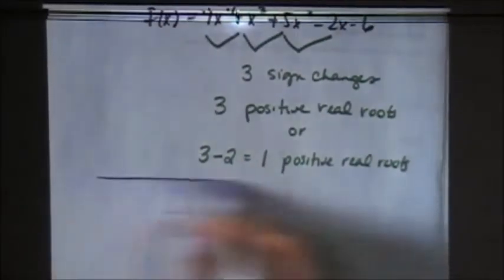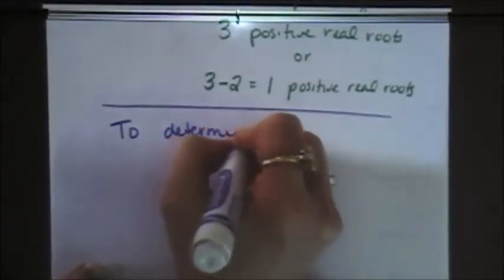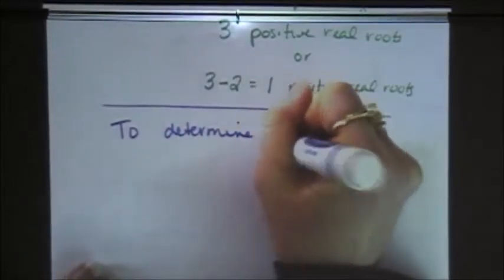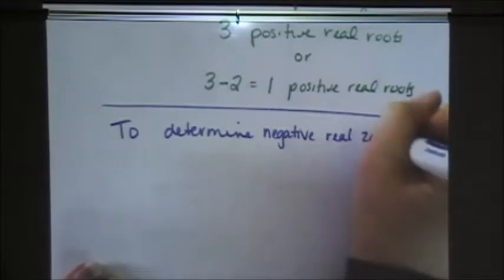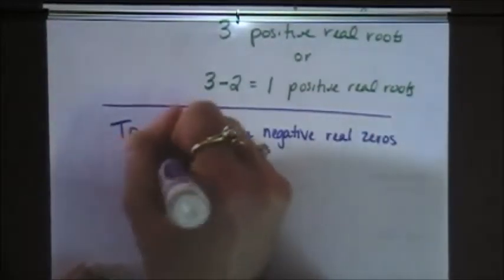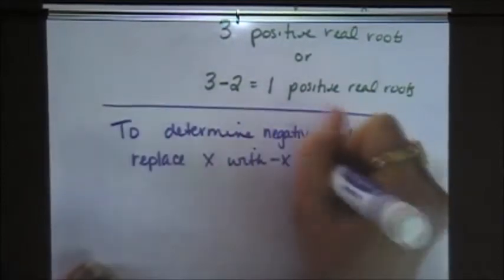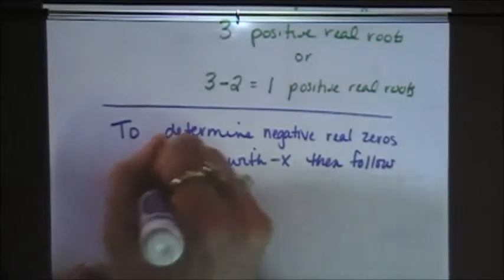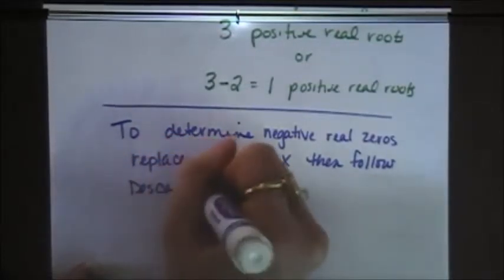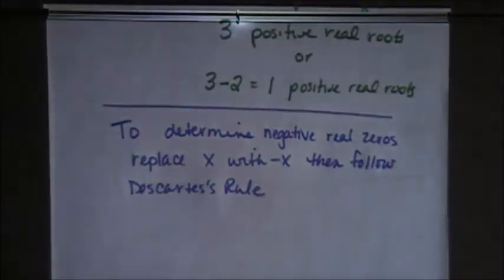So in this case, to determine negatives, then we're going to follow Descartes' rule. So I'm going to go back and look at the very first one we did.